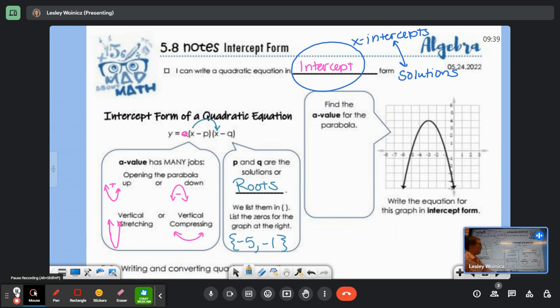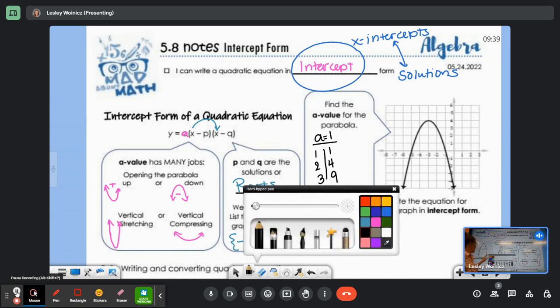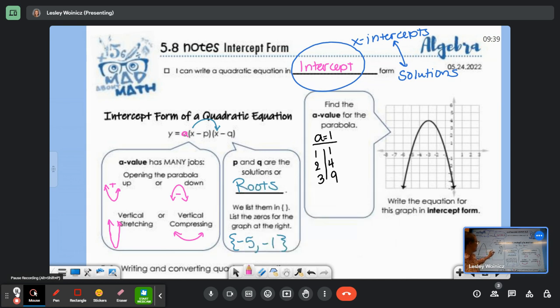Okay, we're going to find the a value for the parabola. We know that when a is 1, we have the regular pattern 1, 1, 2, 4, 3, 9. But we have to figure out what this parabola is doing. So when we go 1, 2, 3, what is this one doing?